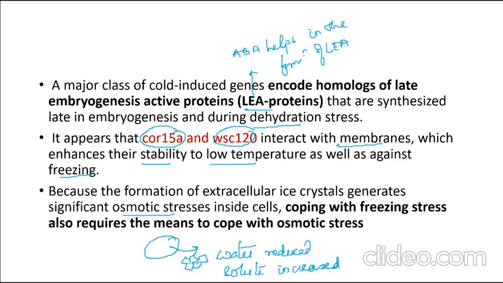So when water is reduced and solute is increased, it causes a negative water potential. Water will move to the region where the water potential is negative. So here it is negative, and inside the cell it is positive. Water always moves from positive to negative water potential. Water will come out of the cell, which leads to the dehydration of the cell.